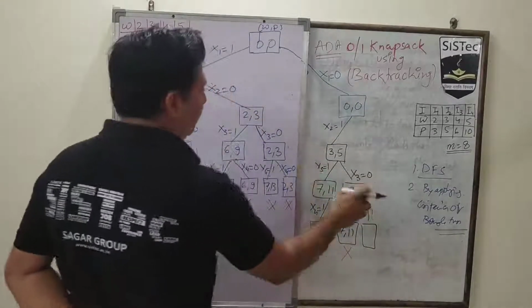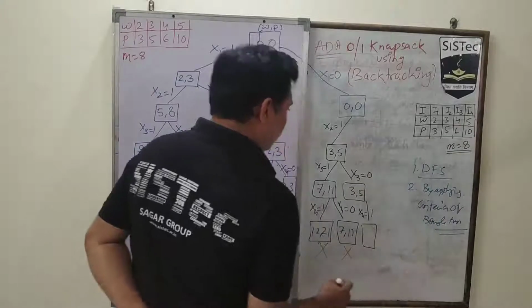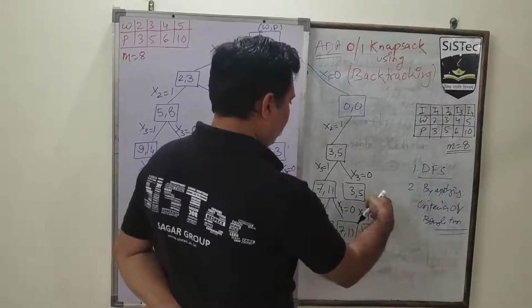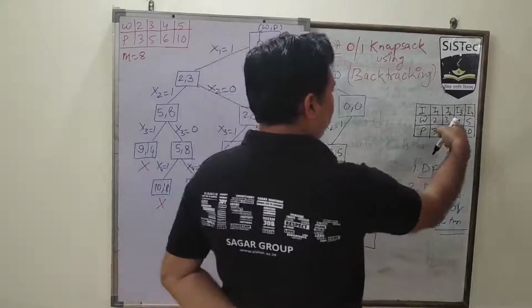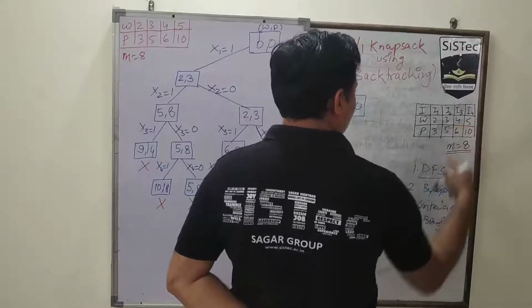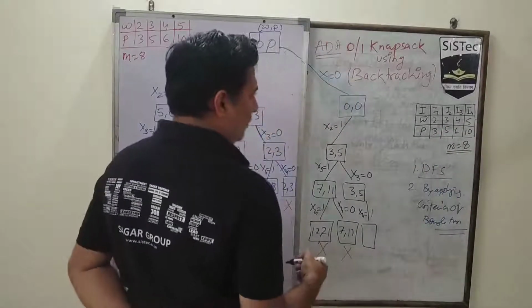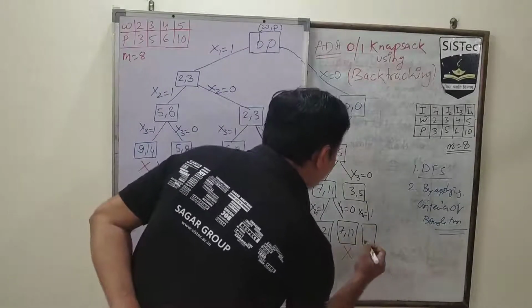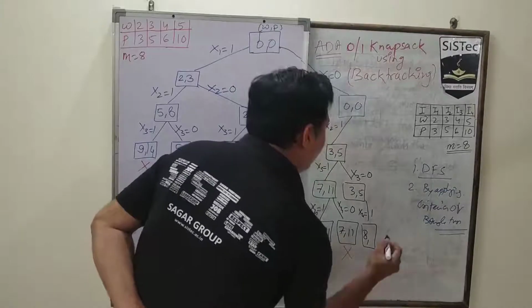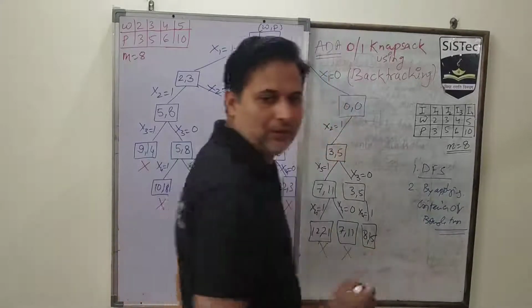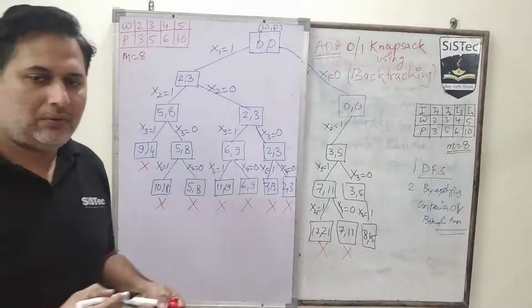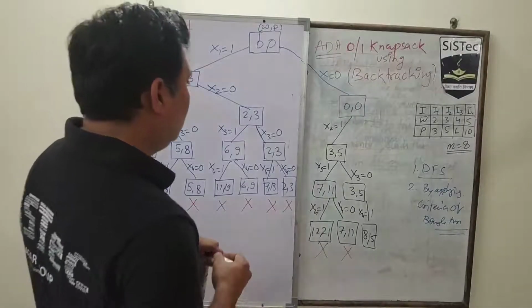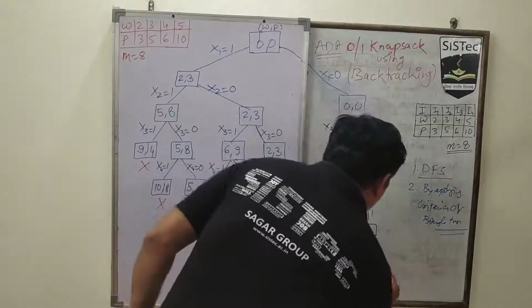Not considering 3, when we consider the 4th, the weight value is 8 and the profit value is 15. So you can see this will be one of the solutions.